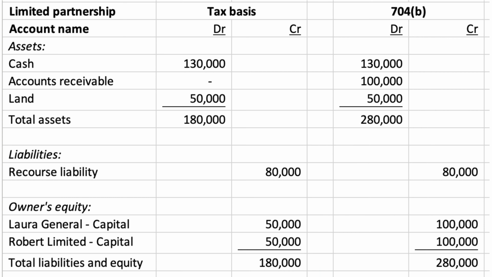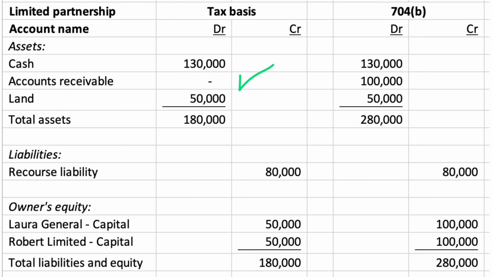The cash and the land are not ordinary income assets, so Laura and Robert can change their interests in cash and land without creating a disproportionate distribution. The accounts receivable has a zero tax basis, meaning the partnership has not yet recognized any revenue from these receivables.